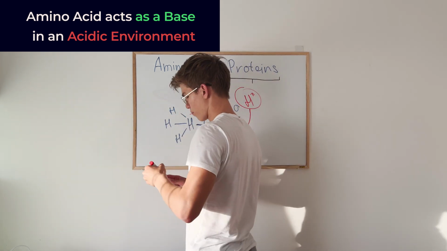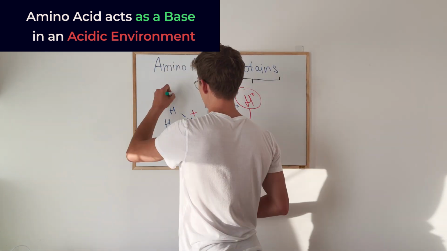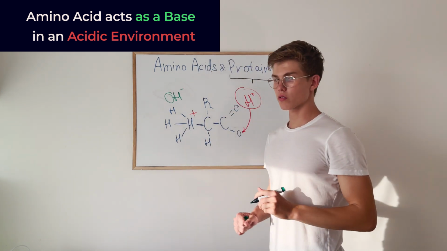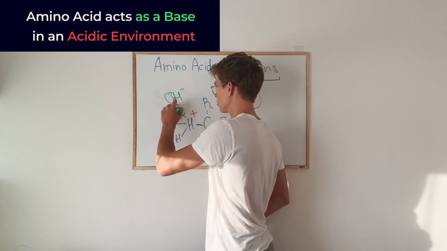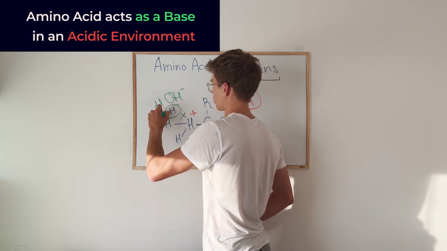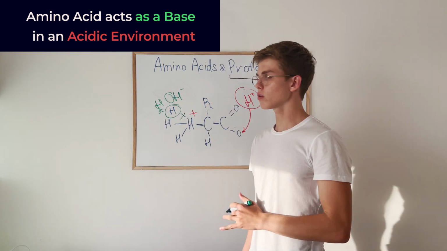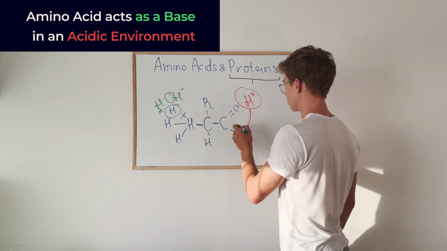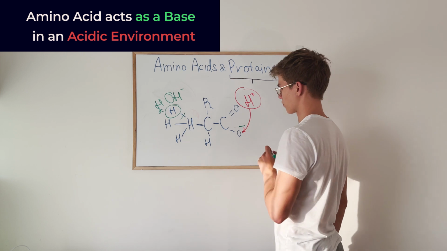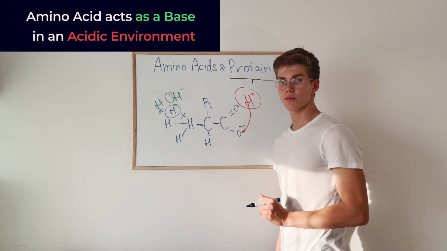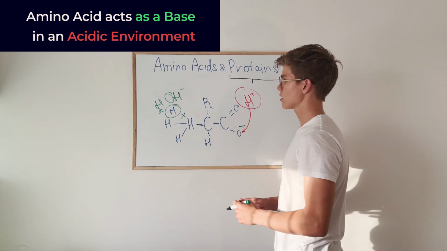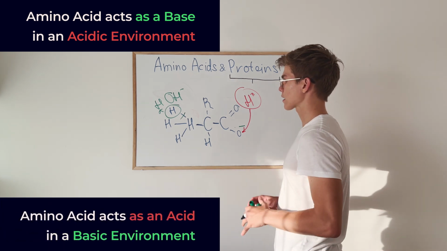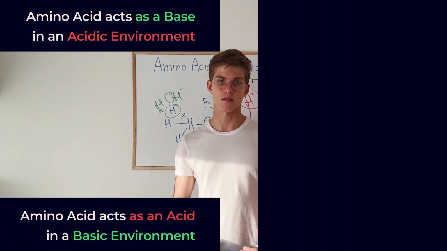In a basic environment, the amino group will give its hydrogen by forming a water molecule, and the whole charge of the molecule will be negative because of the carboxyl group. So we can say that in a basic environment, amino acid acts as an acid.